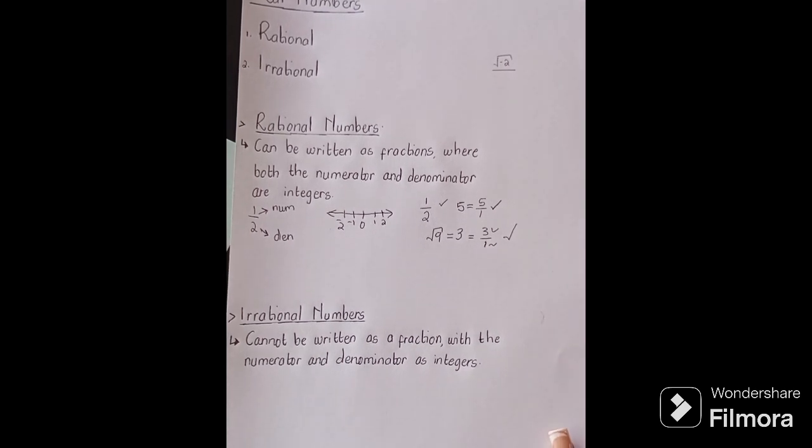Then let's look at irrational numbers. Irrational numbers are the opposite of rational numbers. If a number is not rational, then it is irrational. Irrational numbers cannot be written as fractions with the numerator and the denominator as integers.